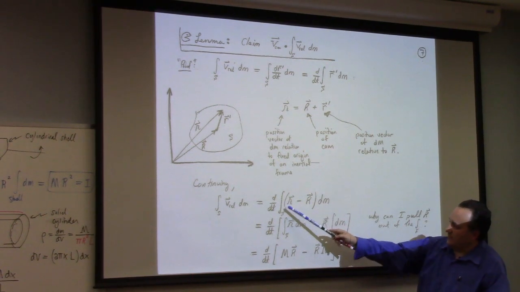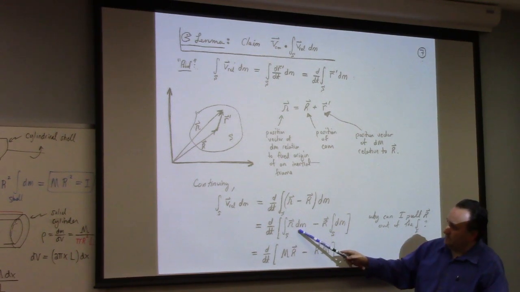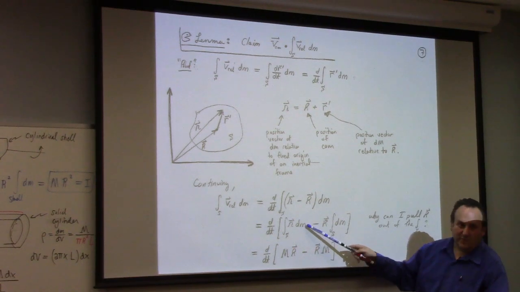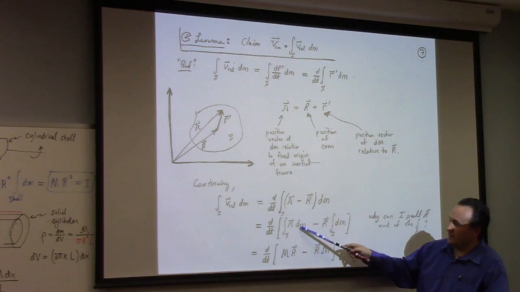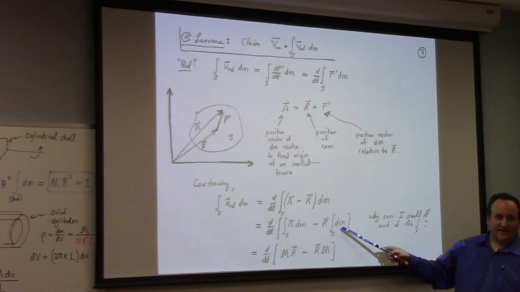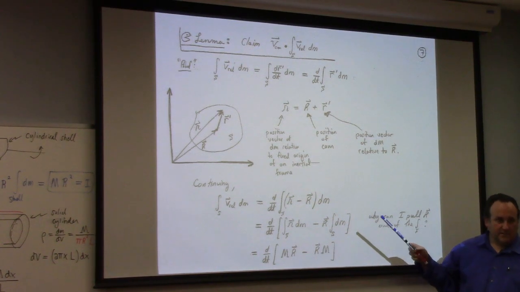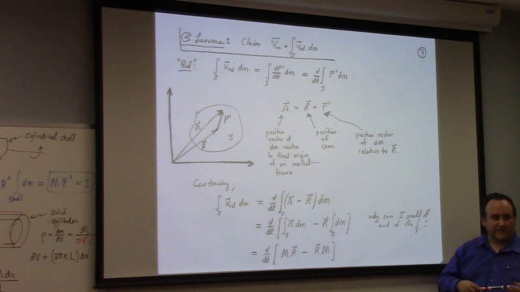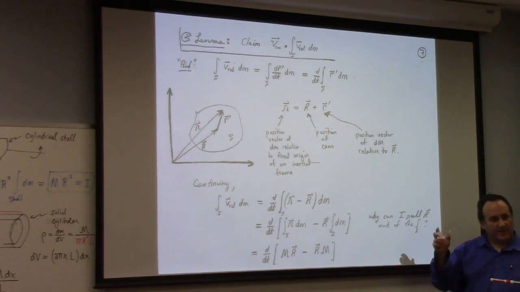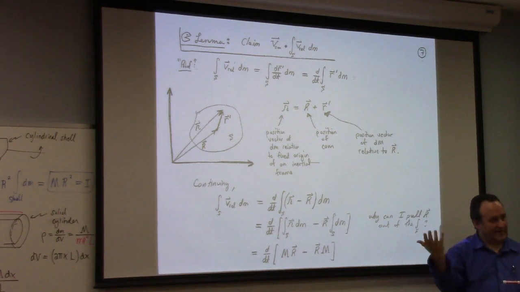When you integrate this, you have this minus this, but as you integrate this over dm, that's exactly the definition of the center of mass. So you get the big R from this, and on the other hand, since big R is constant, you just get the integral of dm, which is m, and so they cancel, and this whole thing averages out to 0. So even though that term could be non-zero for a given mass, when you integrate it over the whole thing, it cancels out.